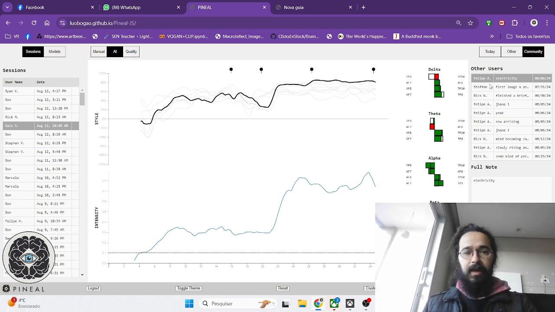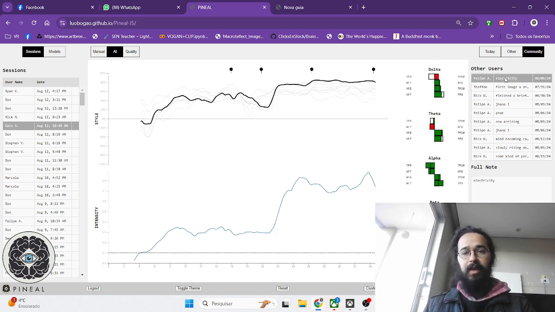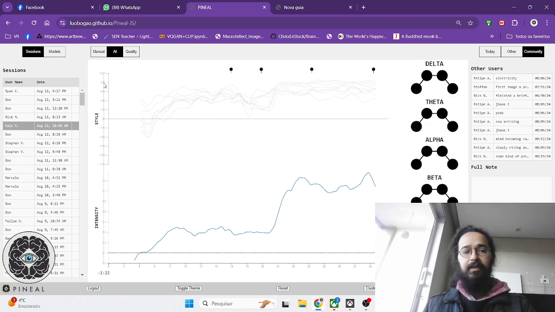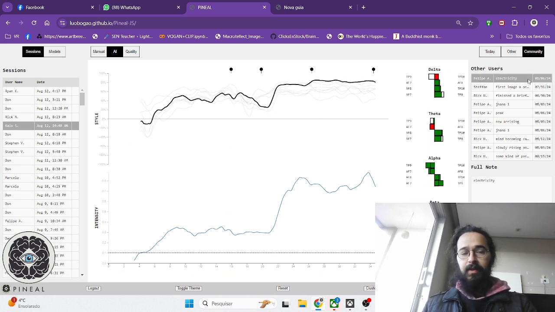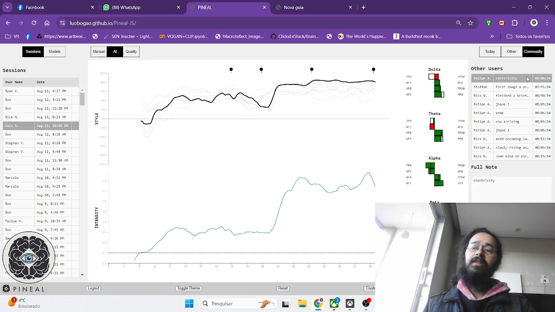Here, in the first 20 minutes of the session, I have a little match with him, like 14%, but at around 22 minutes, I have a strong match with him, because we can see the black line goes up to 18%.